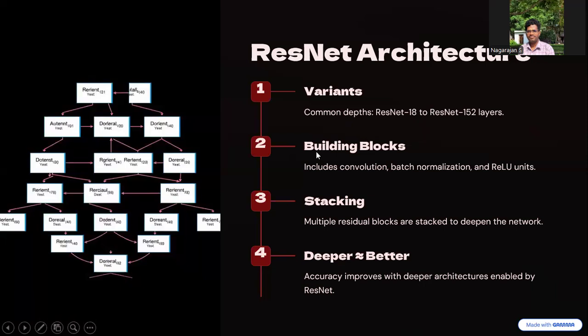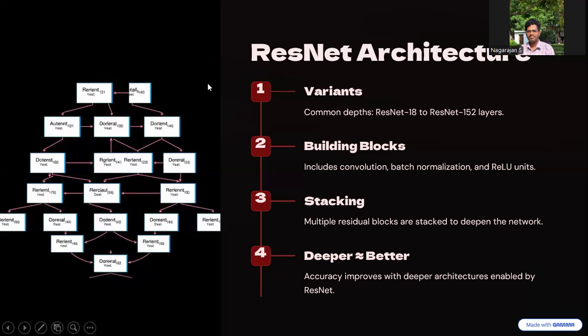The building blocks I just informed you of consist of convolution, batch normalization, and ReLU units. These are the fundamental things discussed in the CNN videos. And stacking: multiple residual blocks are combined to deepen the network, which improves accuracy with the deeper architecture enabled by ResNet.